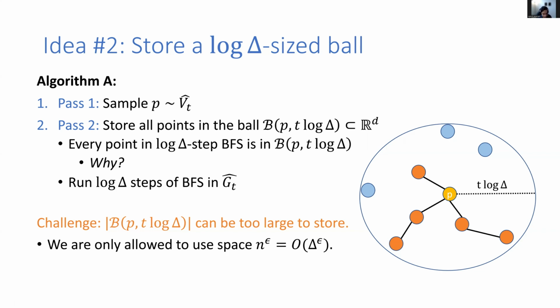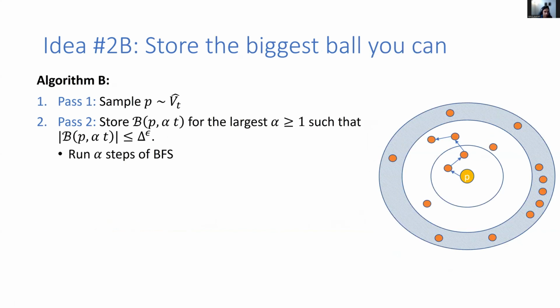Okay, so let's try to weaken what we want a little bit. Instead of storing a log delta size ball, let's just try to store the biggest metric ball that we can, subject to our space requirements. So in the first pass, we do the same thing, sample a point uniformly. And on the second pass, I'm going to store the largest metric ball centered at P with radius alpha times T. So this alpha is a parameter.